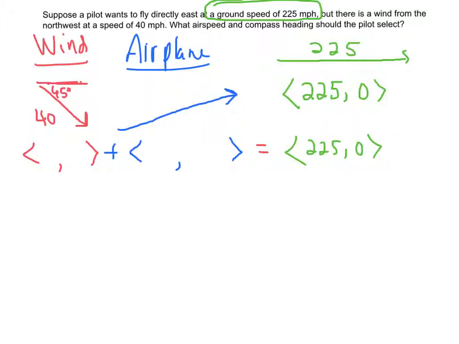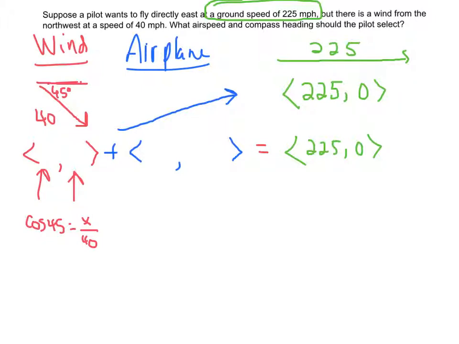So let's figure out what the x and y components are of the wind vector. To do that, we're going to do cosine of 45 degrees equals the x value over 40. When I type cosine of 45 times 40 into my calculator, I get 28.28.